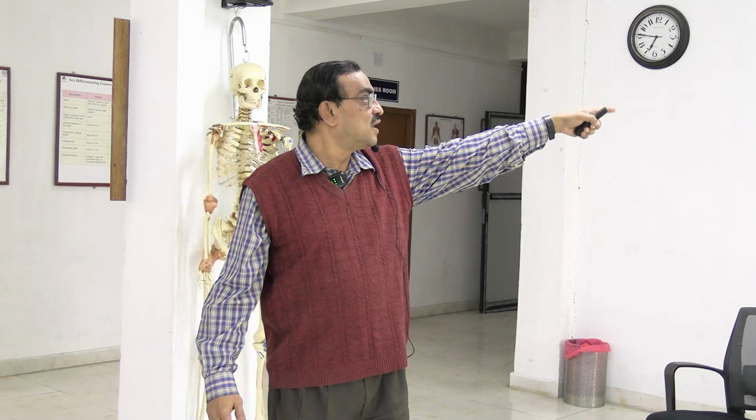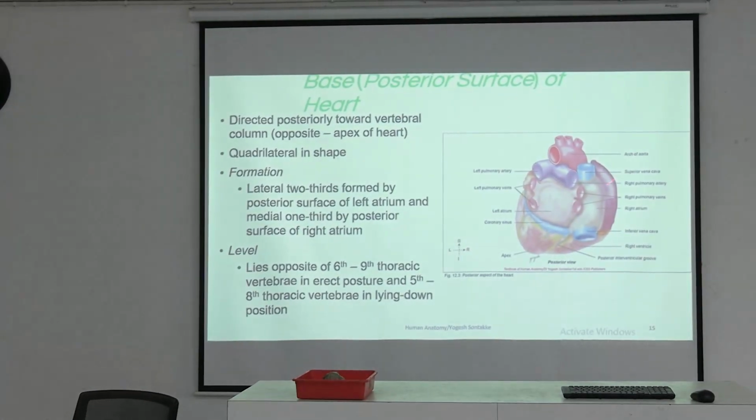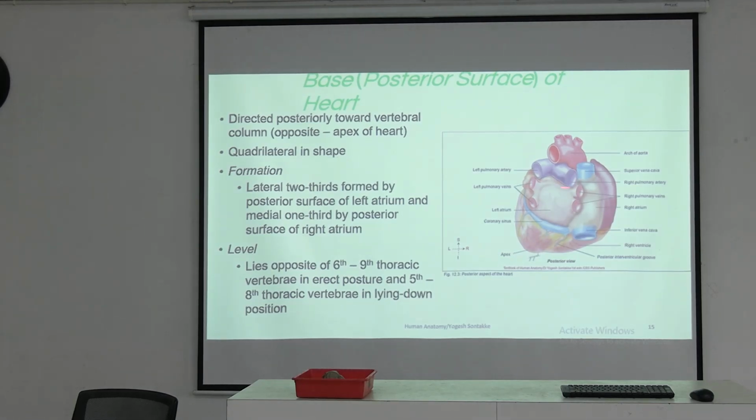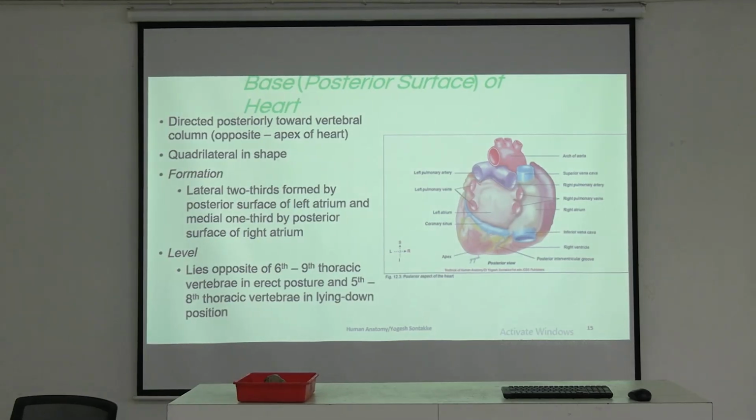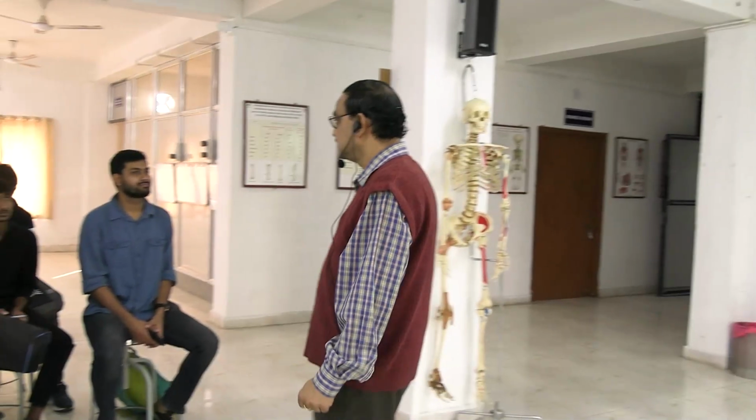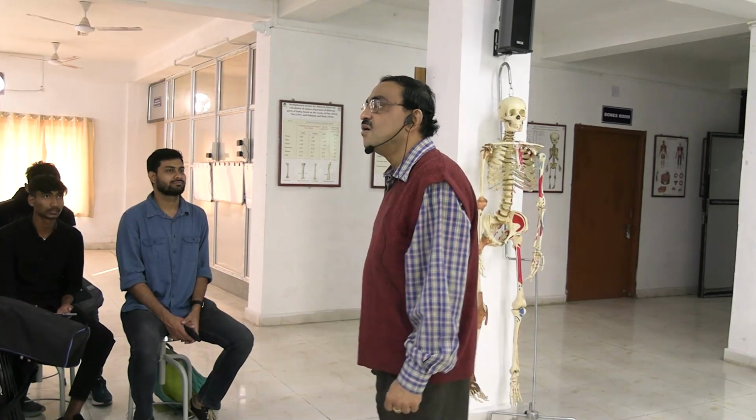And the area between the pulmonary artery and the aorta in front, with the artery in front and vein behind, is called the transverse sinus. So there are two pericardial sinuses. One is the oblique sinus. If we place our fingers just at the posterior surface of the heart, that area is the oblique sinus.